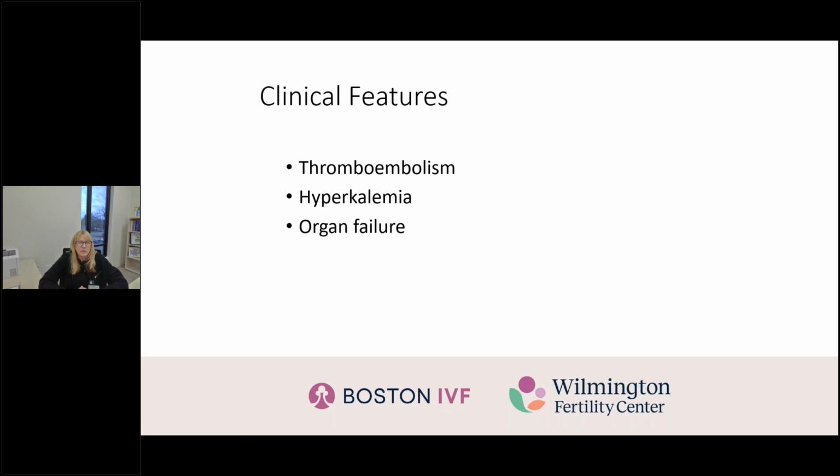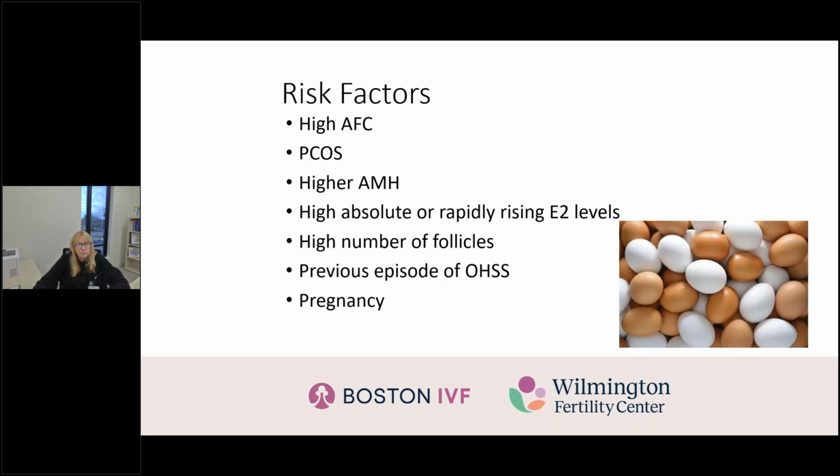So the risks with this are going to be thromboembolic phenomenon due to being intravascularly depleted, electrolyte abnormalities, hyperkalemia, hyponatremia, and then end organ failure, liver and kidney failure. The risk factors for hyperstimulation are mainly related to the number of eggs.